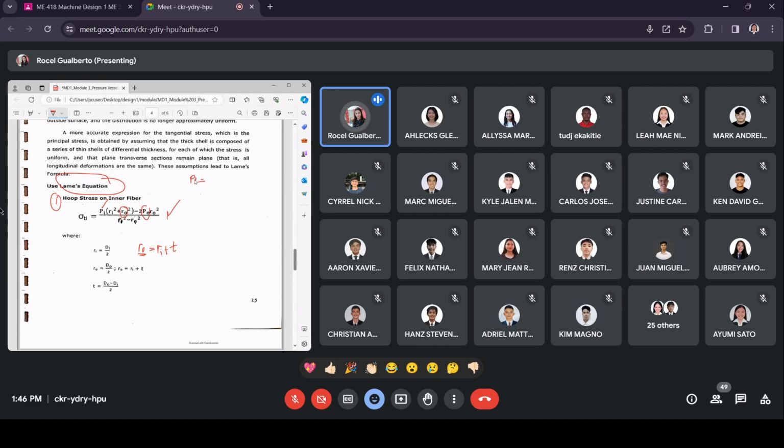And that is equal to what? Ano po ang equal na to? For the Po, ano po ang ating gagamitin na pressure sa labas? We assume, katulad po ng sinabi ko kanina, it would be yung air po.